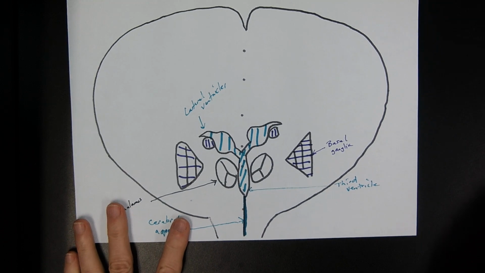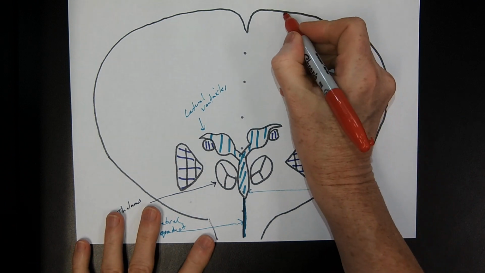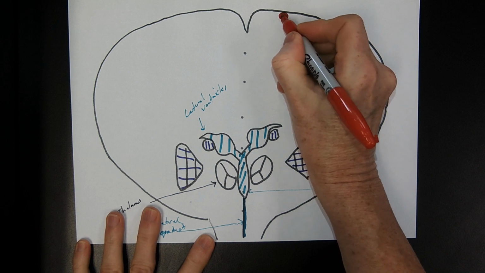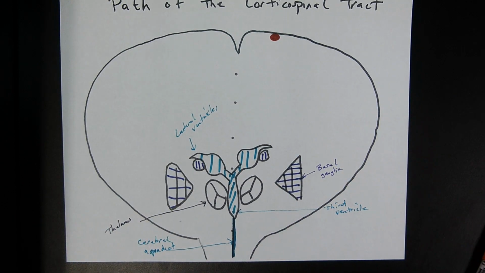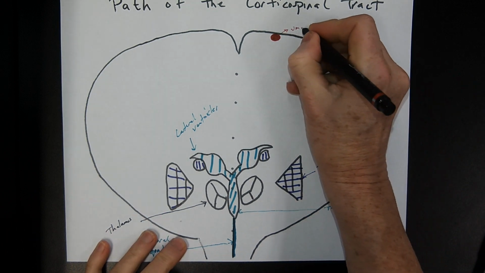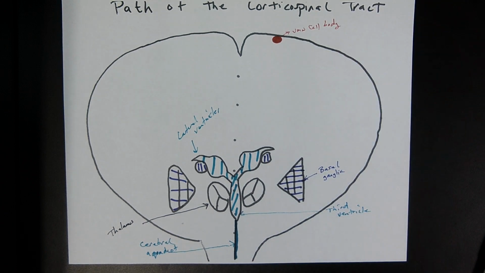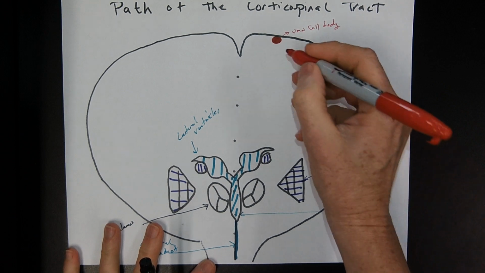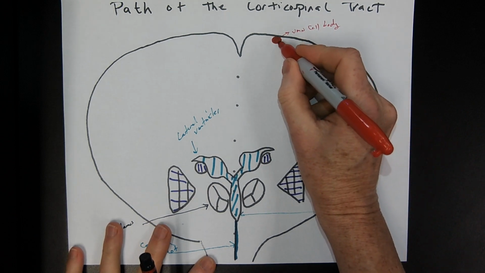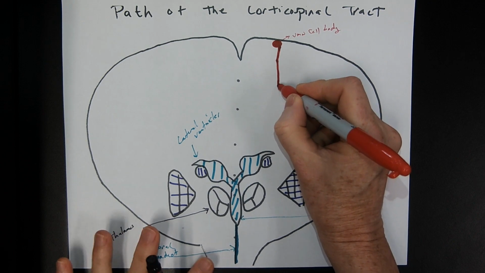I think we're set up. Consider up in the primary motor cortex, you have your upper motor neuron cell body residing in the primary motor cortex, or M1. Coming out of the cell body, you have your axon. It's going to come down ipsilaterally.